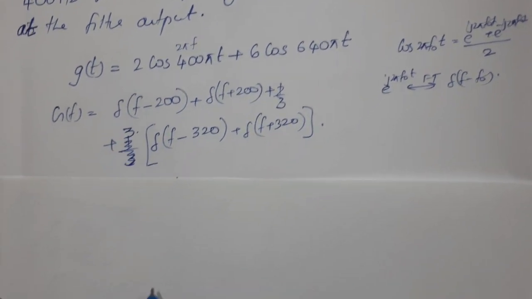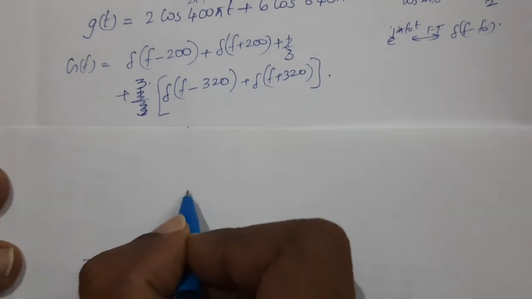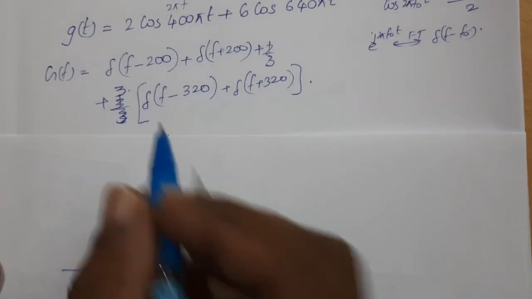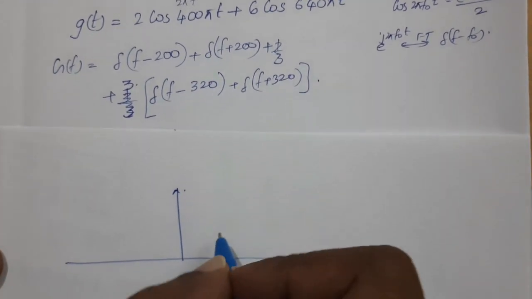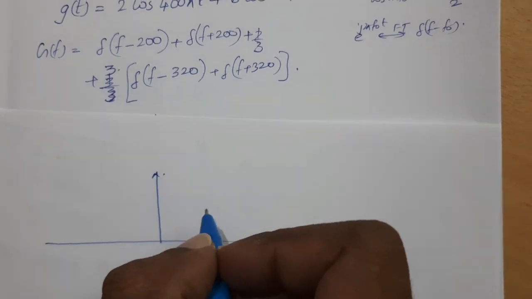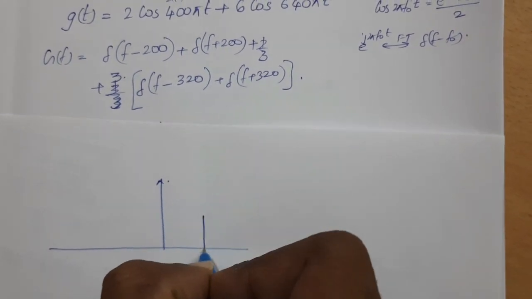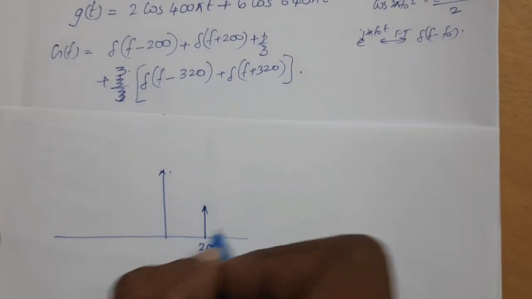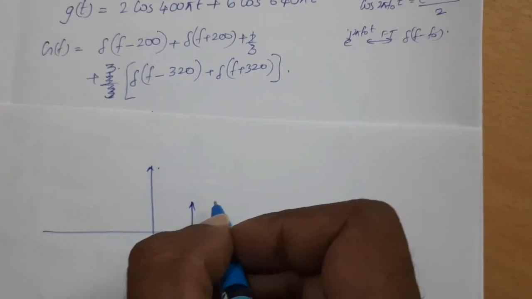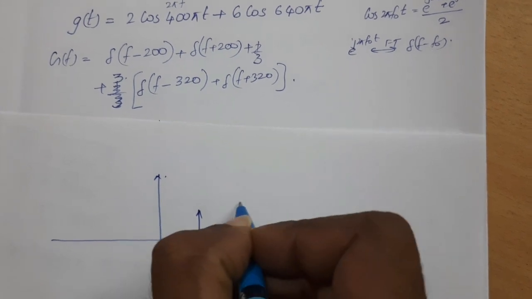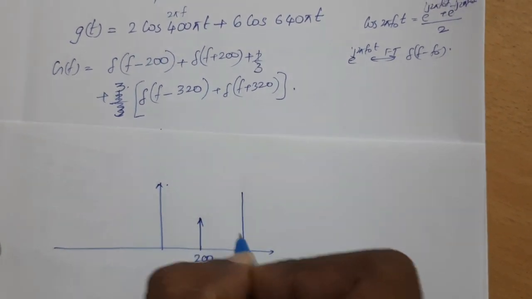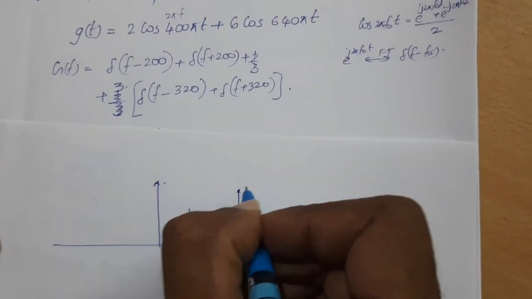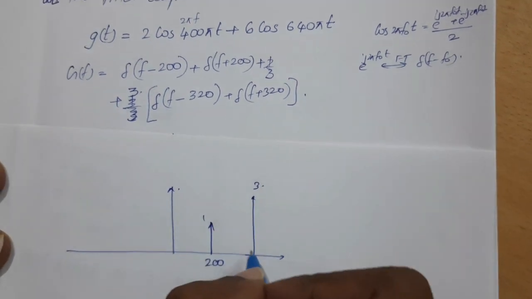Now we can plot this signal. At 200 we have a frequency component with amplitude 1, and at 320 with amplitude 3.